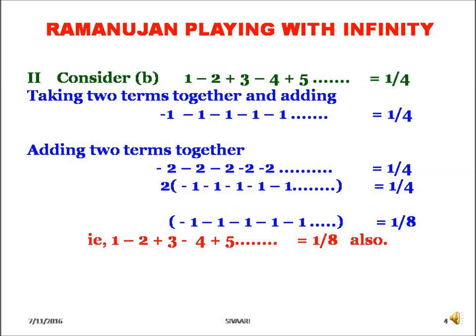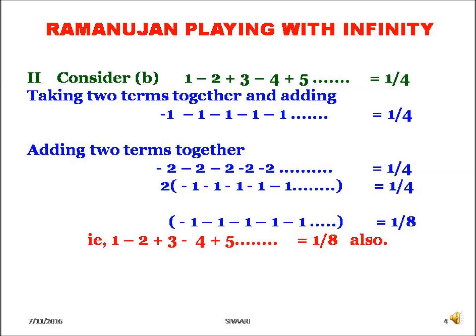Now consider B. 1 minus 2 plus 3 minus 4 plus 5 etc. is equal to 1 by 4. Taking two terms together and adding, we get minus 1 minus 1 minus 1 etc. is equal to 1 by 4. Adding two terms together, minus 2 minus 2 minus 2 minus 2 etc. is equal to 1 by 4.